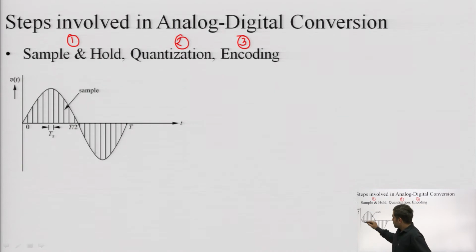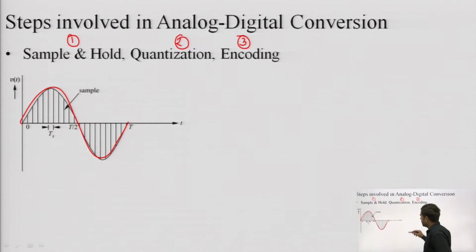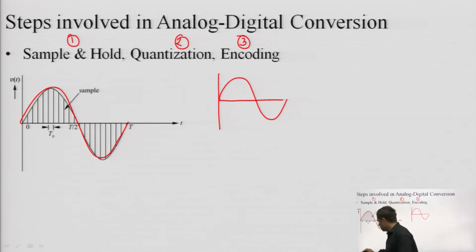We can see that there is an analog signal, and sample and hold means that it will be passed through a sample and hold circuit. That sample will be held until the next sample is taken. Like if this is the analog input, and samples are taken at this point, this point, this point, and so on, these are the samples.